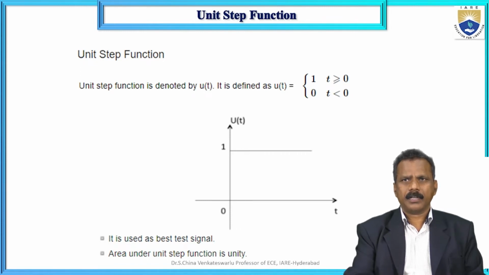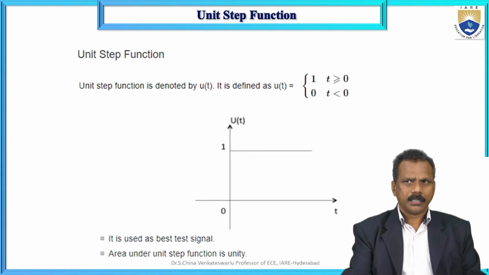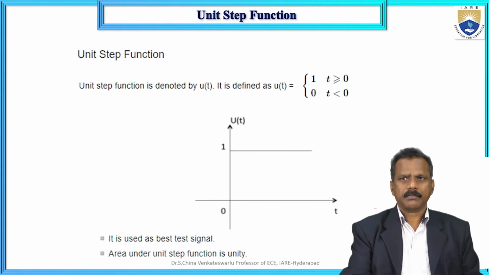It is defined as 1 if t is greater than or equal to 0, and 0 if t is less than 0. Using this condition and mathematical expression, we have to verify the graphical representation.